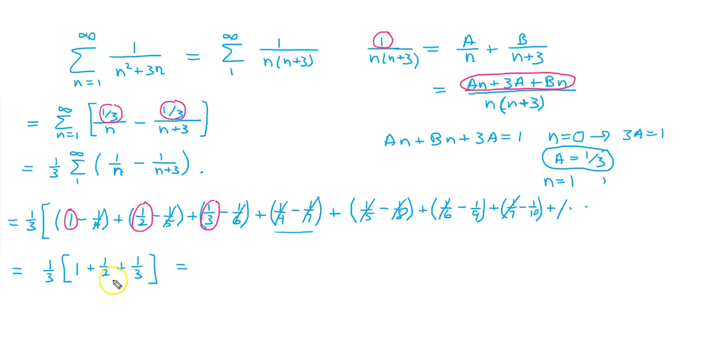Let's see, common denominator here, 1/6, so this is going to be 1/3. I'm just finding a common denominator here quickly. So 1/3 times 11/6. And you get 11/18. And that's what this series up here will sum to, 11/18.